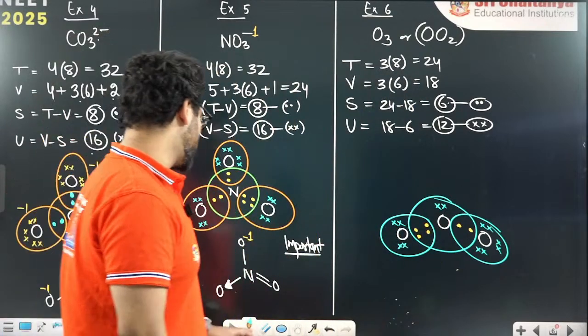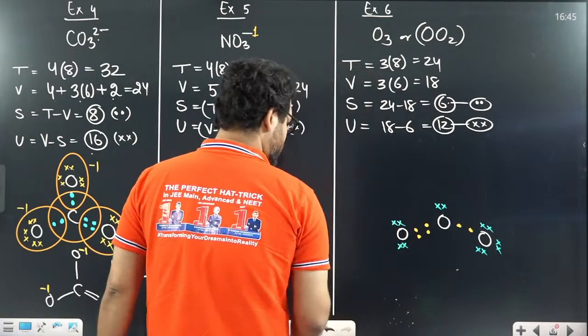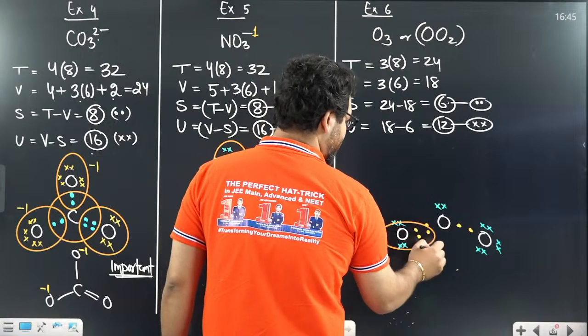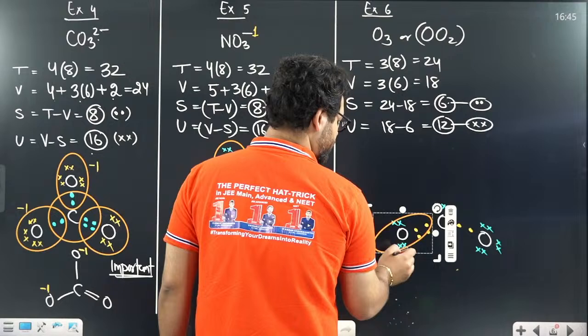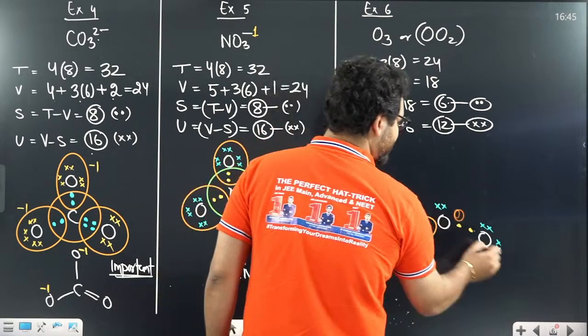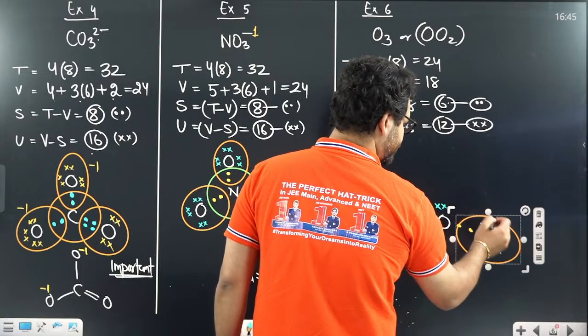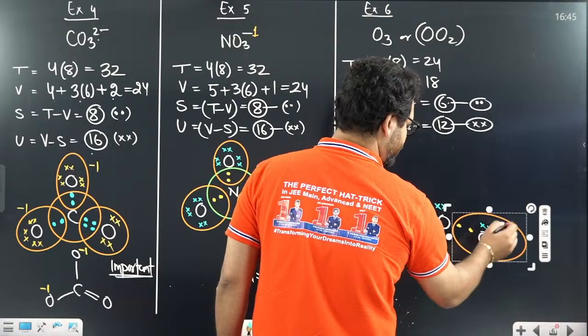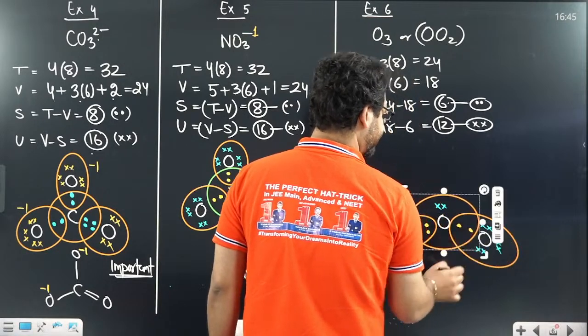Okay. This is how we have drawn the ozone. This oxygen's octet is complete. This oxygen's octet is complete. And the central oxygen's octet is also complete.